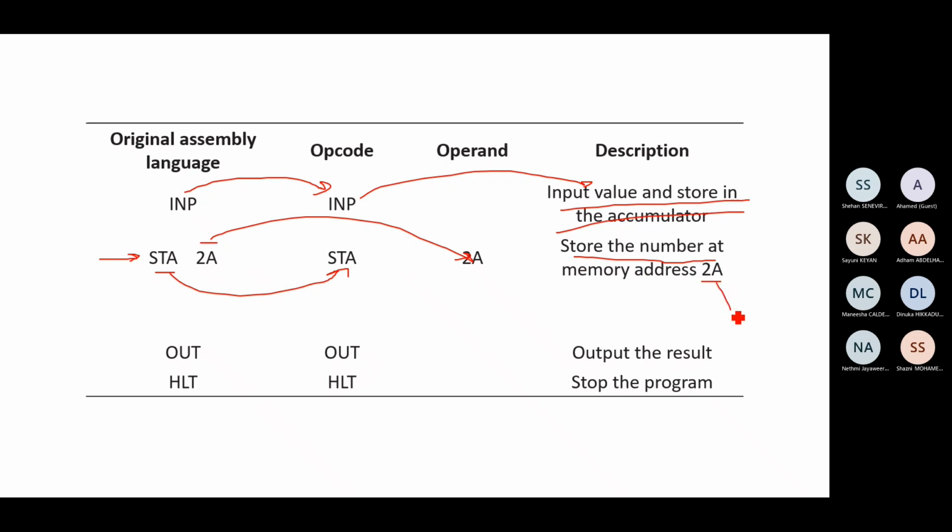What is this 2A? This is in hexadecimal. You now know what the exact location is, which stays in the memory. I have divided this STA 2A into two parts: STA is the opcode, and 2A is the operand, the value, the memory address.